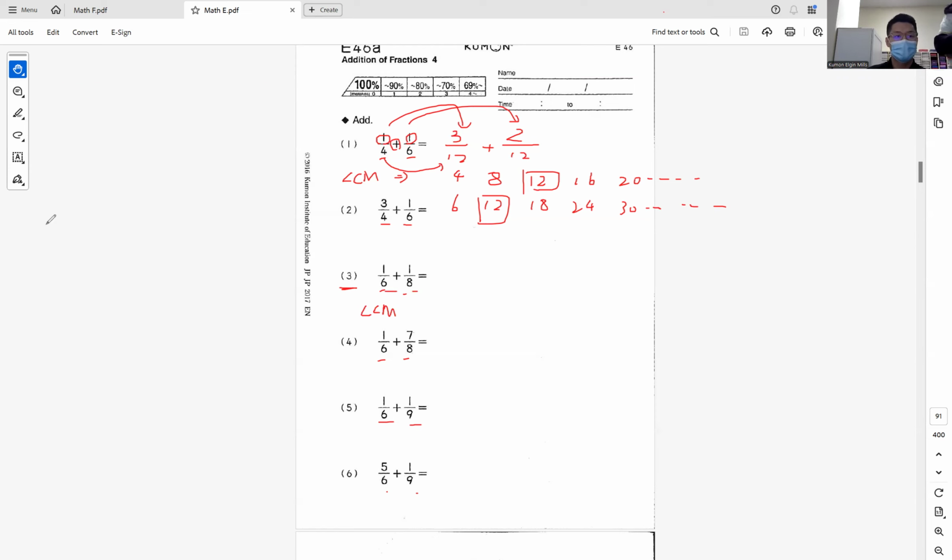Okay. So all you need to do, every time that you're not too sure what the LCM is, just do this. Just draw a little bracket like this, one open-ended over here and one close-ended. Now, think about a number that can be divided by both 6 and 8 at the same time, as big as possible.